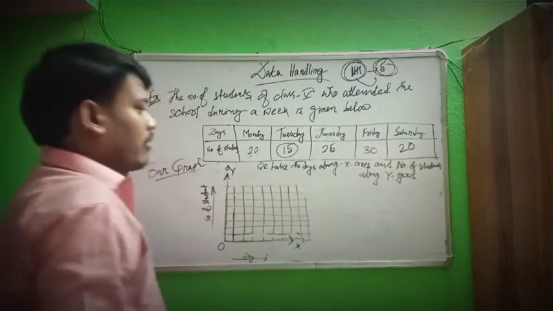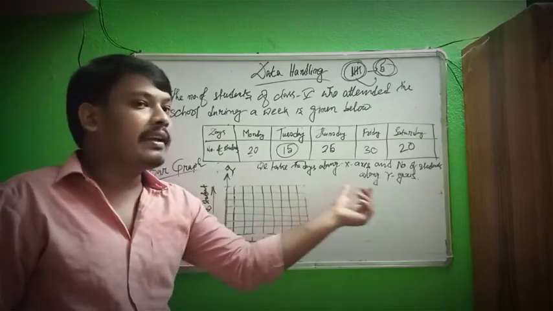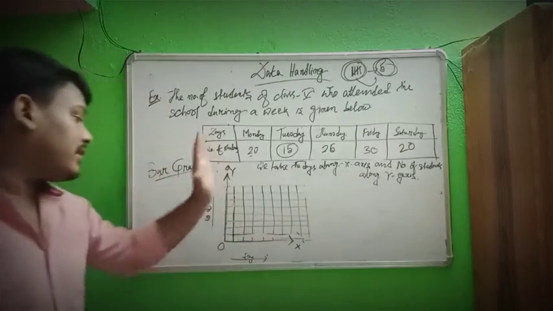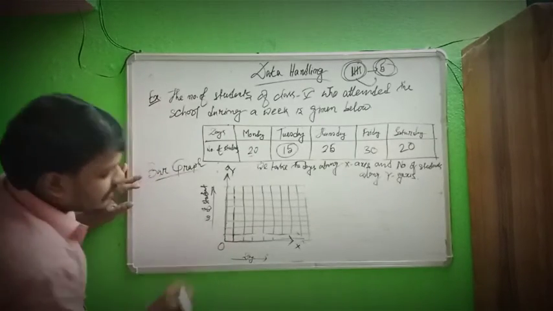Or you can write it this way: the x axis represents the days and the y axis represents the number of students. Now here we need to choose one scale.